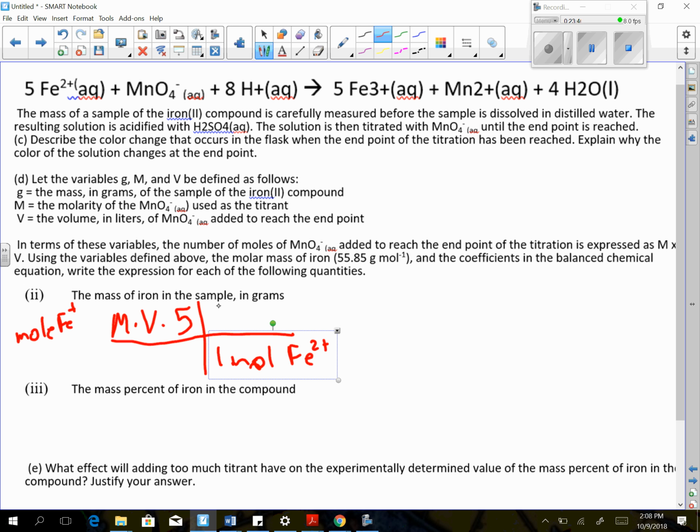Yeah, the molar mass, 55.85 grams. And so that is the answer. You could just write that. So we would have 55.85 times 5 times M times V.